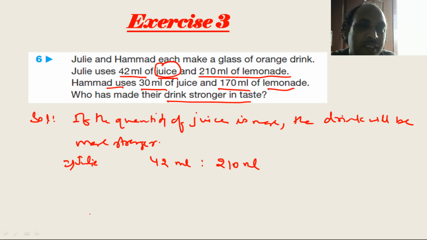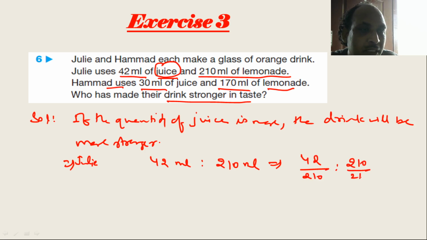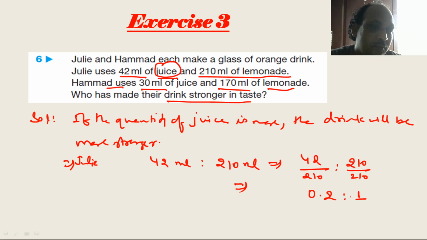If we make it in the ratio n is to 1, we have to do 42 divided by 210 and 210 divided by 210. So the ratio we can find out very well. 42 divided by 210 is giving 0.2 is to 1.